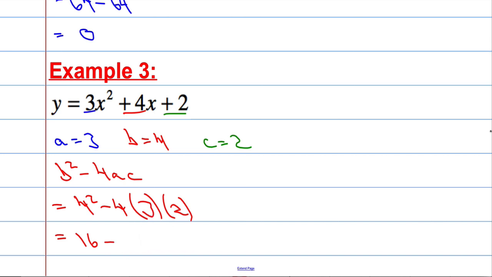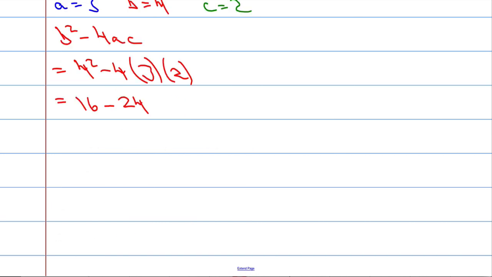So 16 subtract 24, which gives us an answer of negative 8. And negative 8 is less than 0, which means no roots or no solutions.